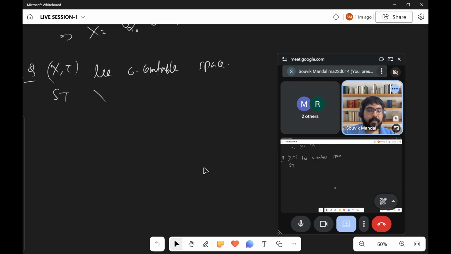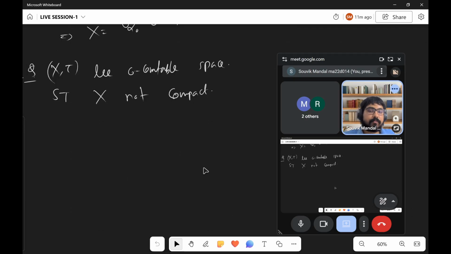Show that X is not compact. So in a co-countable space, you have to show that X is not compact.